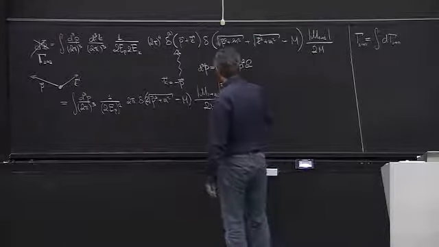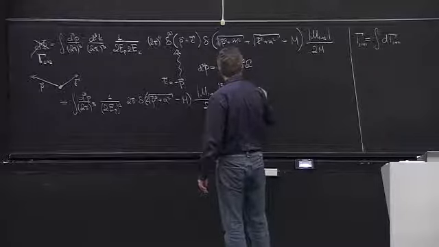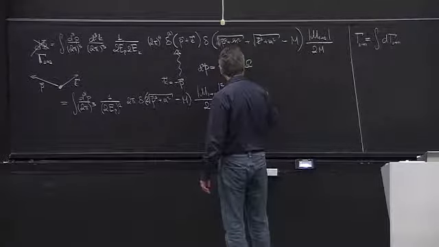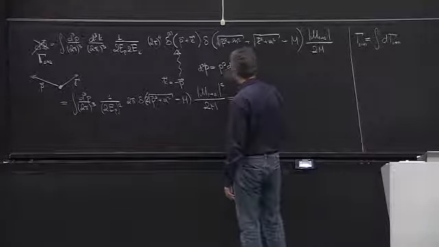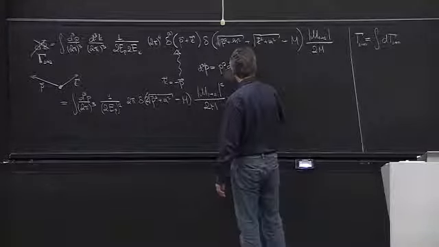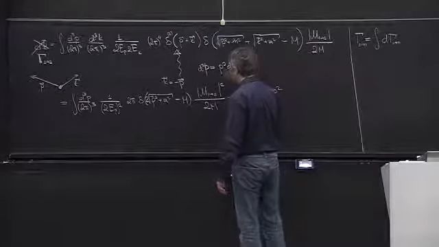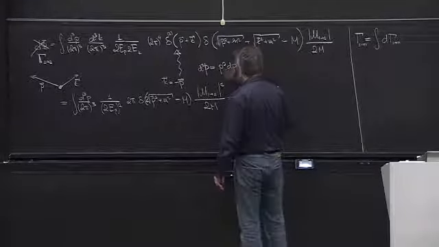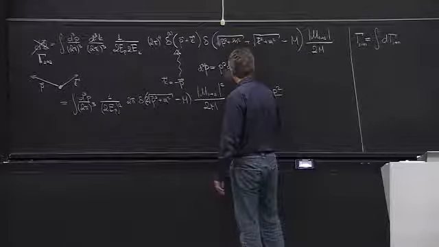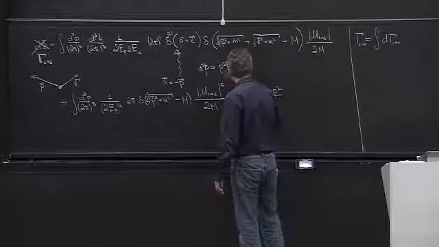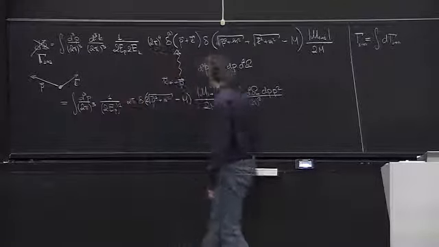So this will then be equal to the integral over this solid angle, then dp p squared divided by 2 pi squared. So this one 2 pi is cancelled.